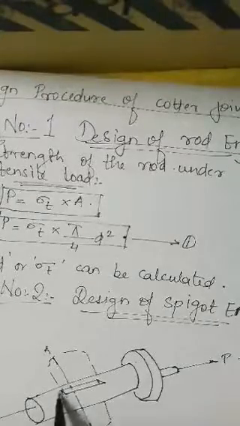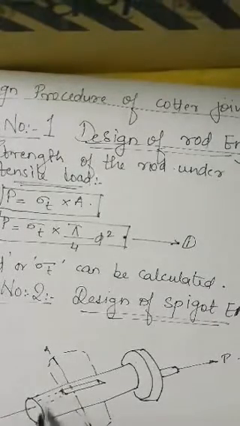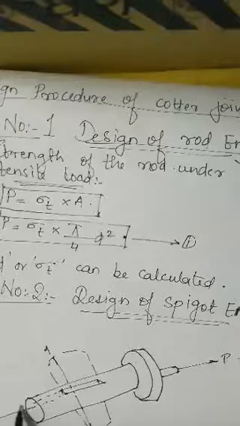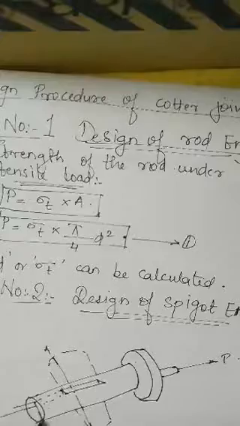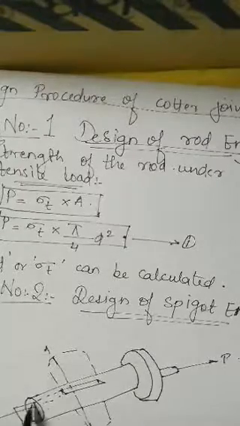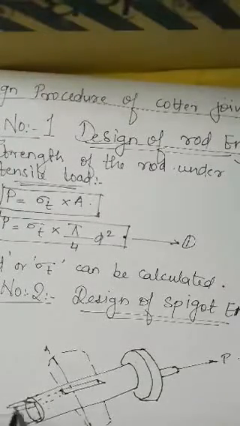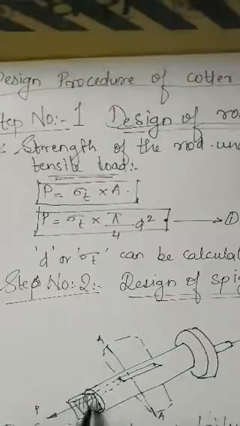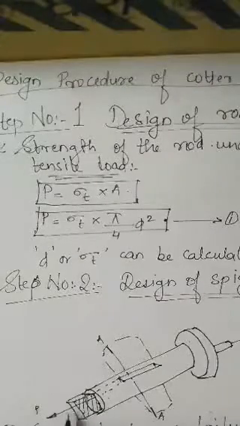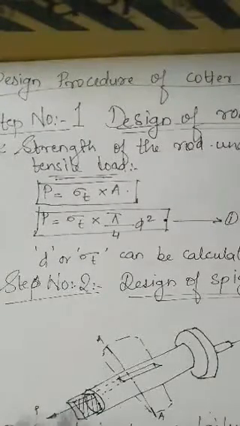Now this cotter will be pushing this portion outwards. So we will find out the area of this portion. So let us begin with part number 2 for step number 2.